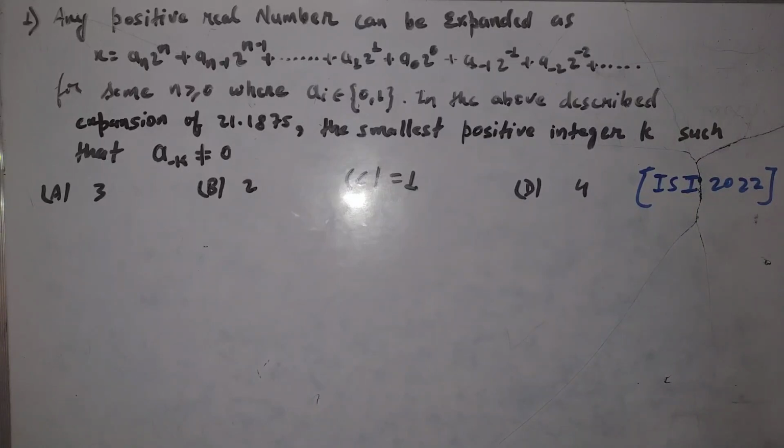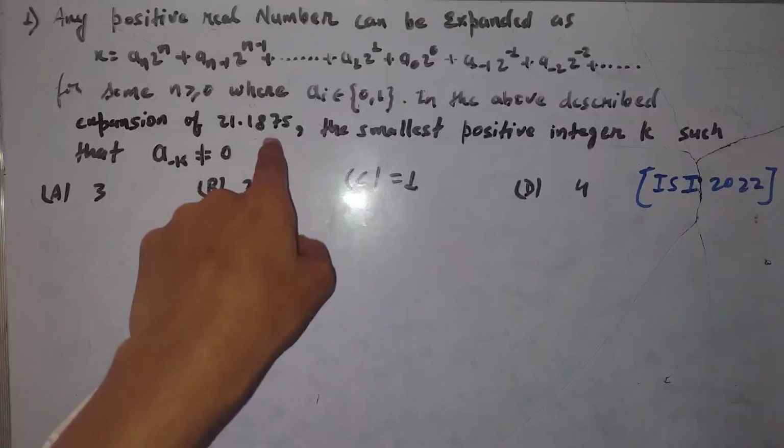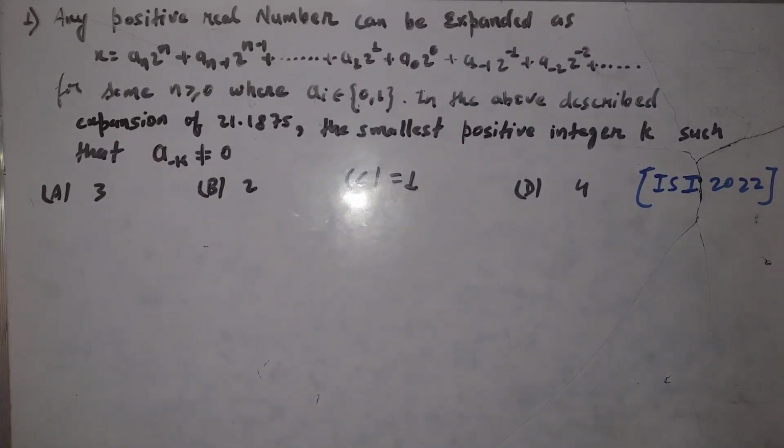So in the same expansion of 21.1875, we have to find the smallest integer k such that a_(-k) is not equal to 0.